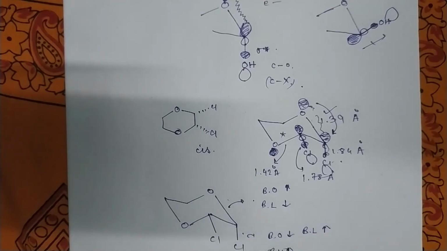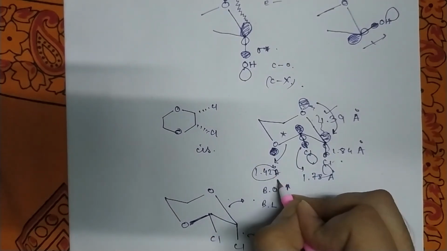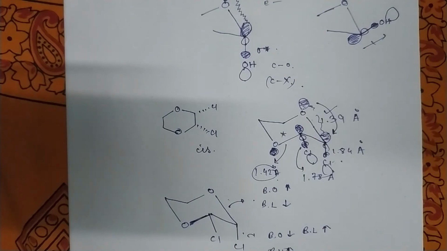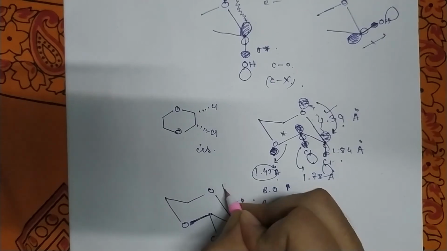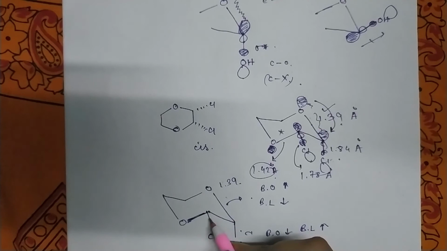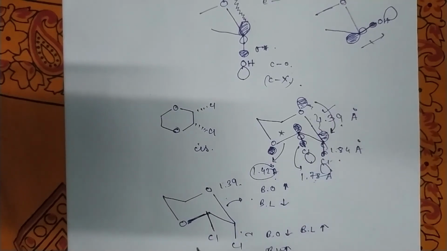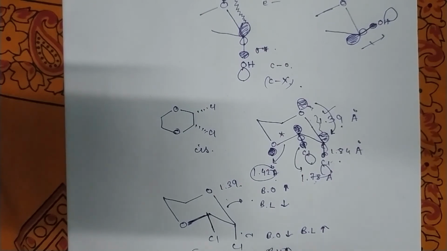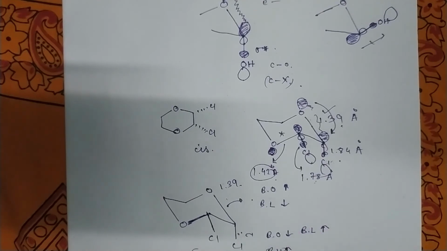So if this is the no-effect case, where the C-O bond was 1.42 Angstrom, with the anomeric effect the bond length is 1.39 Angstrom, because this has the partial double bond character. And with no effect, the C-Cl bond length was 1.78 Angstrom, and with population donated to the sigma star orbital of this C-Cl bond, the bond length increases as the bond order decreases.